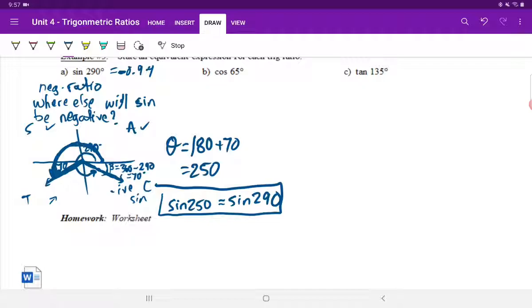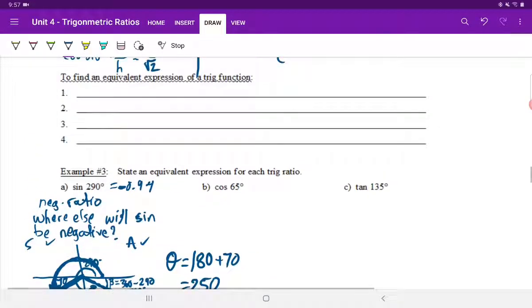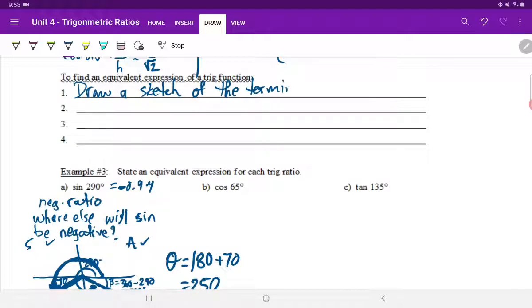Okay, now if we were to summarize our steps there, because I think we really need to do that, this gets a little confusing. We need to draw a diagram, draw a sketch of the terminal arm. Okay. From there, we had to figure out the related acute angle.